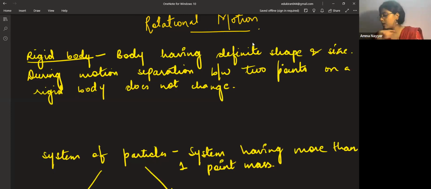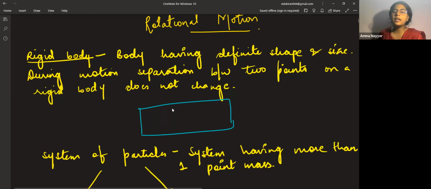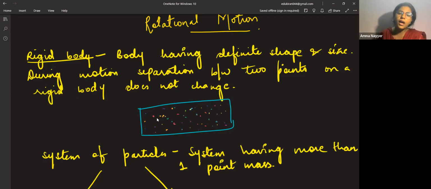Fine. Now, suppose I have taken this rigid body. Inside this rigid body, there are lots of particles present. Whenever we talk about rigid bodies, it's not one particular system that is present. It's made up of tiny molecules and molecules and molecules, and finally the whole body is constructed. So on a molecular level, one molecule is attached to another, then attached to another, like this, all the molecules are present.